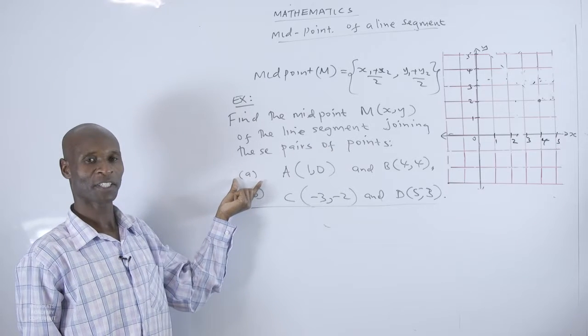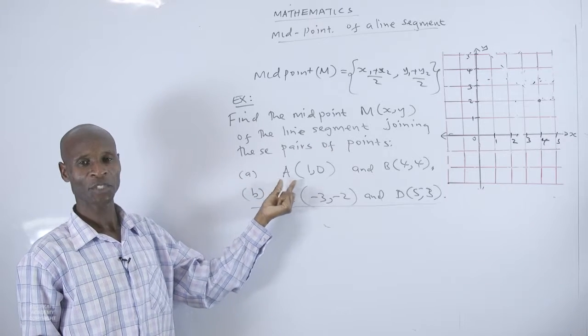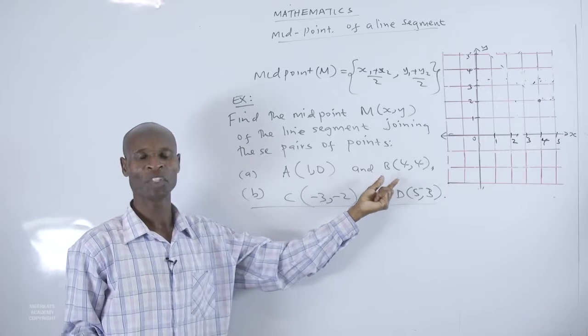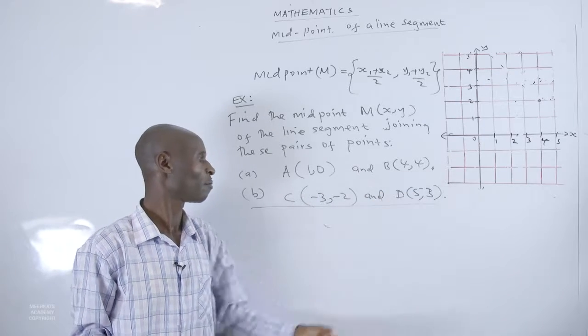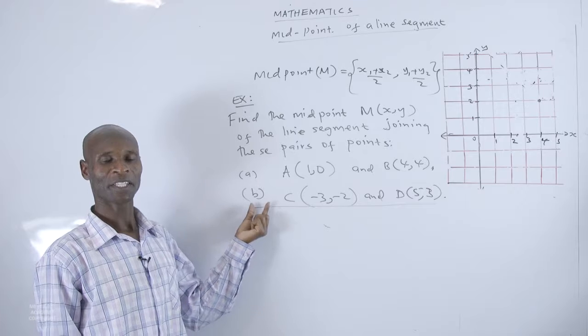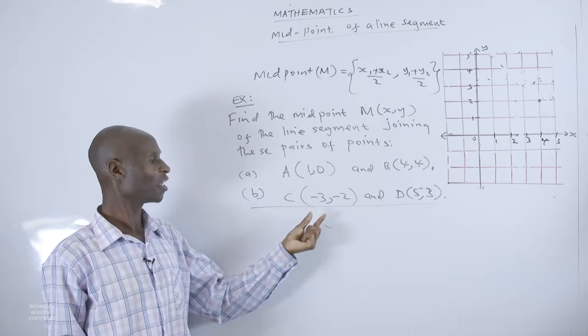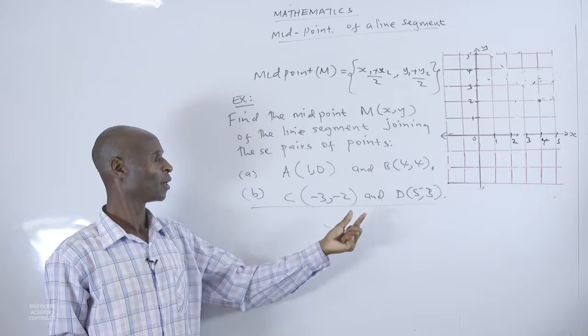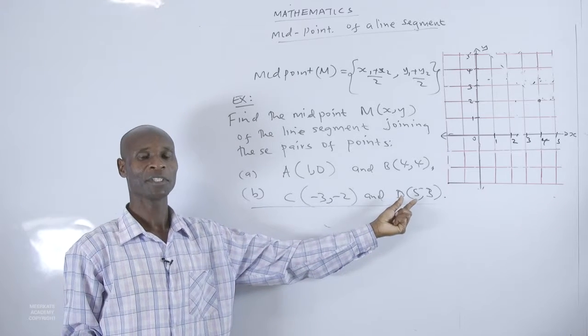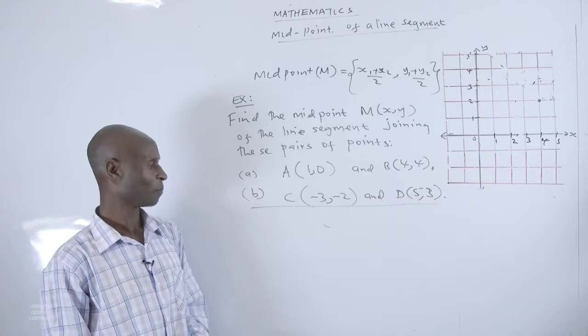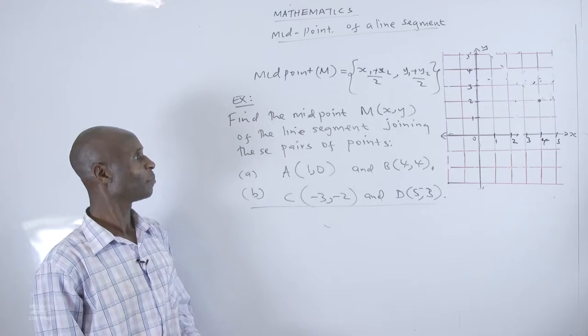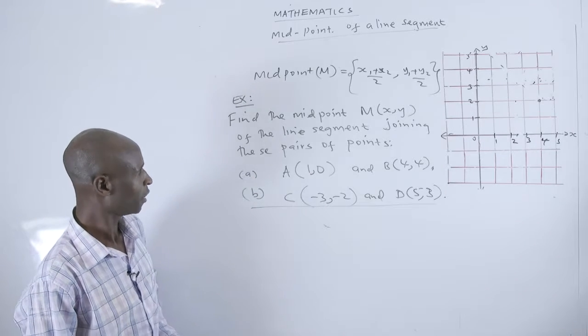So in the first part A, we have point A, which is 1, 0, and point B, which is 4, 4. Then in part B, we have a point C, which is negative 3, negative 2, and a point D, which is 5, 3. How do we find the midpoint? So solution.